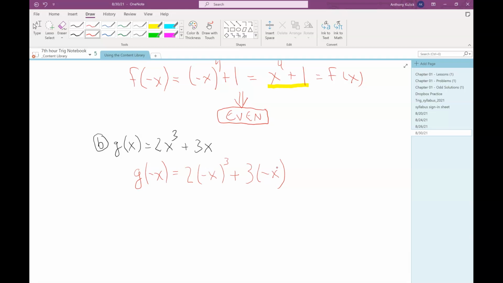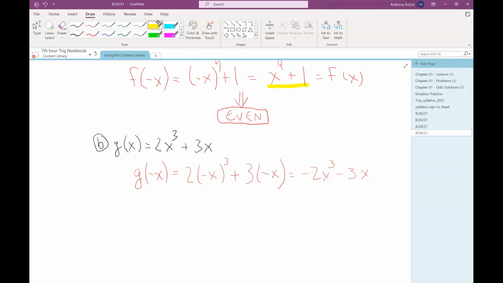So I have 2 times negative x to the third, which is negative 2x to the third. Everybody good with that? 3 times negative x is? Negative 3x. Oh, right. Everybody's good there?